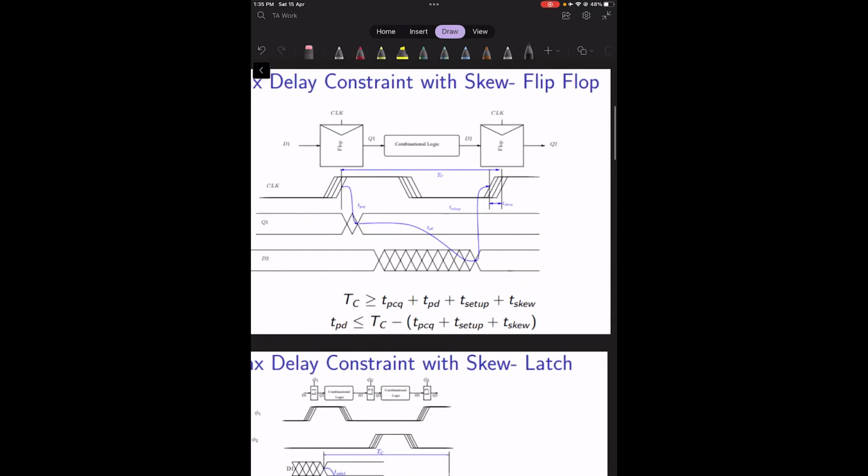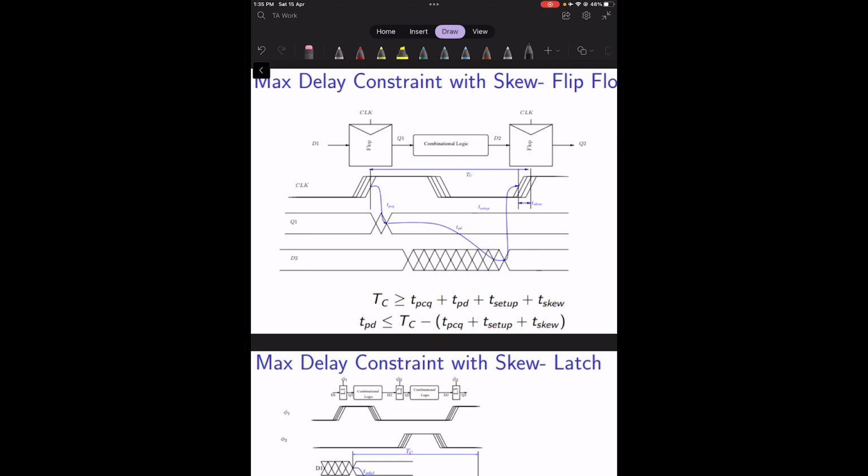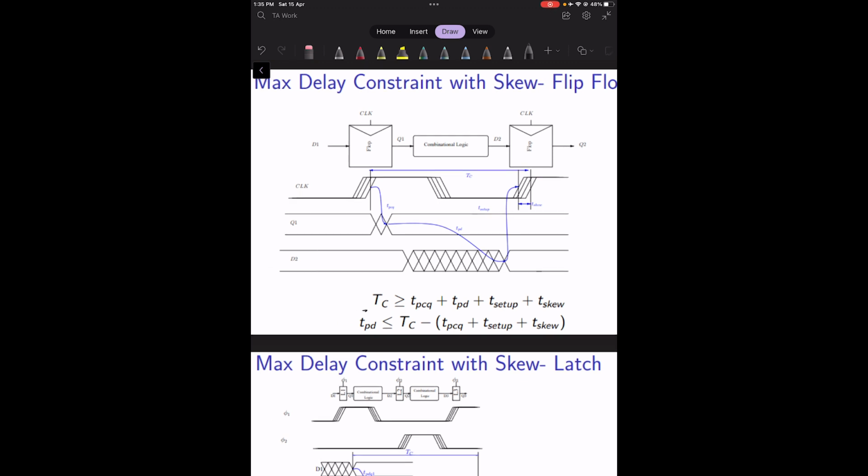So first of all, to determine the TPD in a flip-flop based system, the procedure to be followed is this: you have your TPD here, you have a T setup time before the next clock starts, and there is an undetermined region called T skew here, and there is TPCQ here.